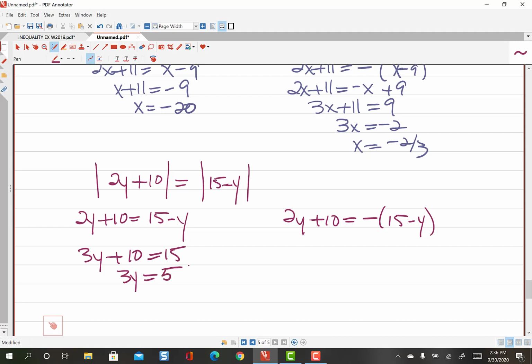Over here, first of all, on that right side, distribute that negative sign. So that's going to be a negative 15 and a plus y. If I subtract y now, I get y plus 10 is equal to negative 15. And if I subtract 10 from both sides, it looks like I got negative 25. Both of these answers will work.